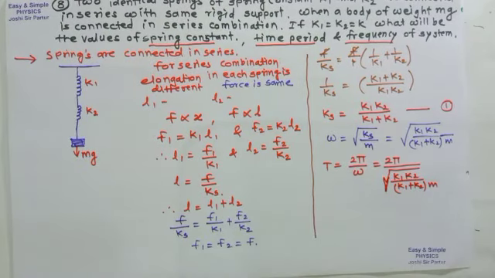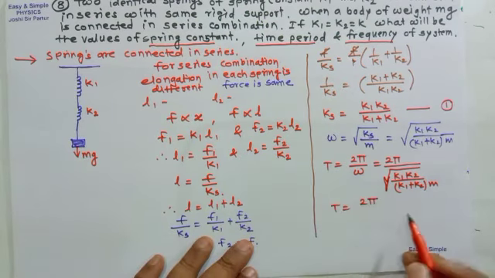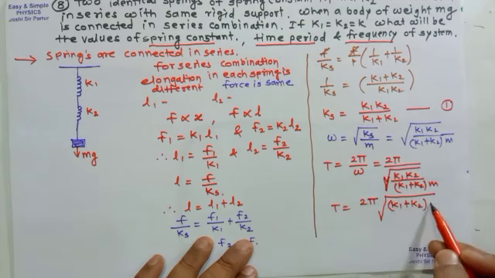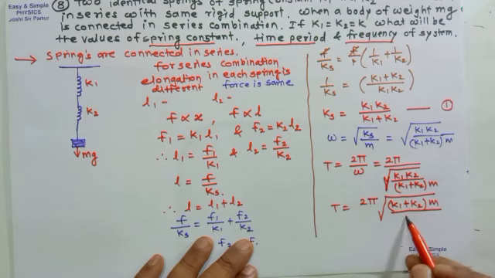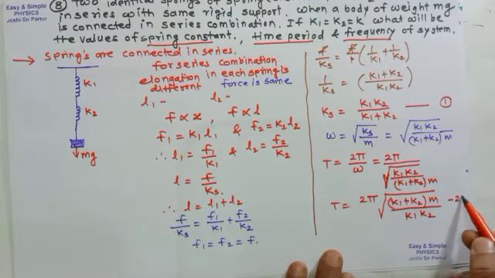By shifting in numerator, time period becomes 2 pi into square root of K1 plus K2 into m upon K1 K2. That is the second answer for time period.